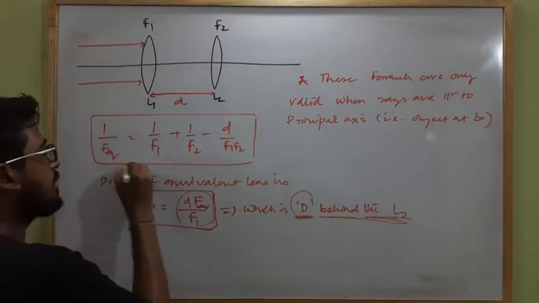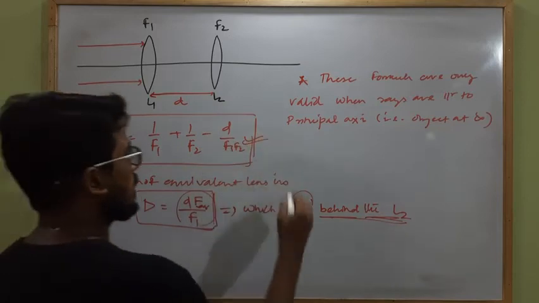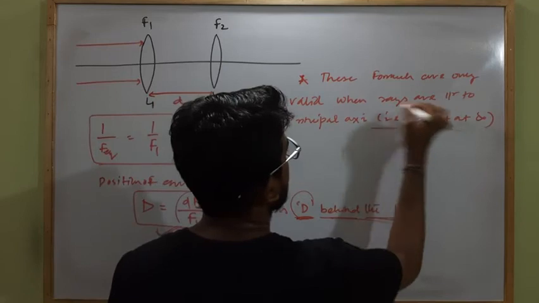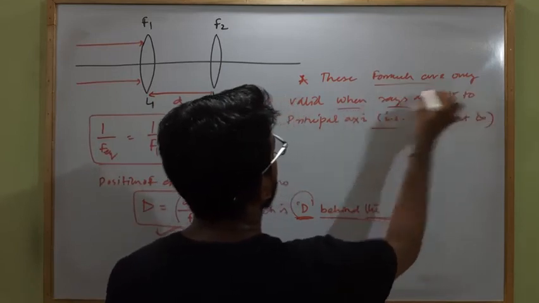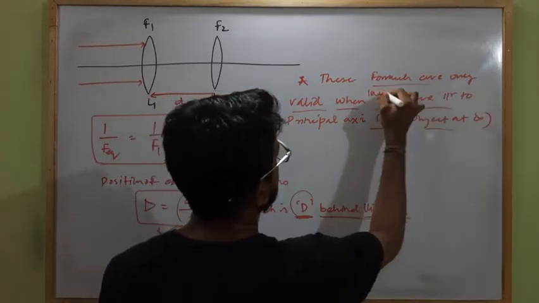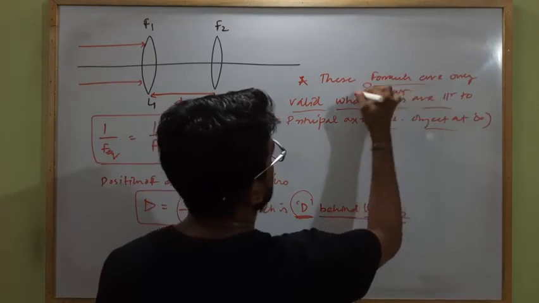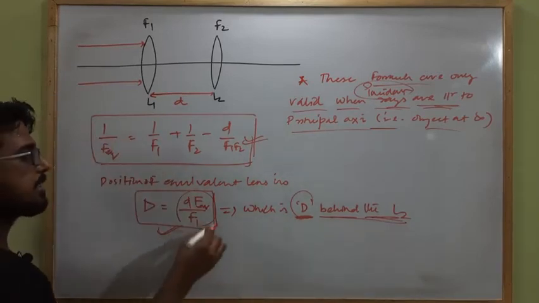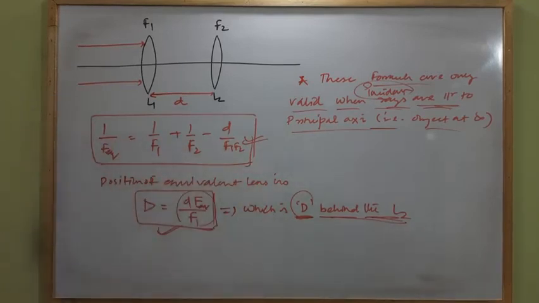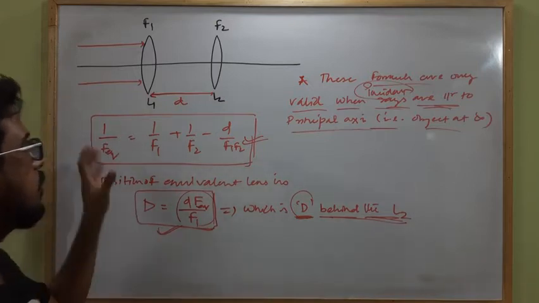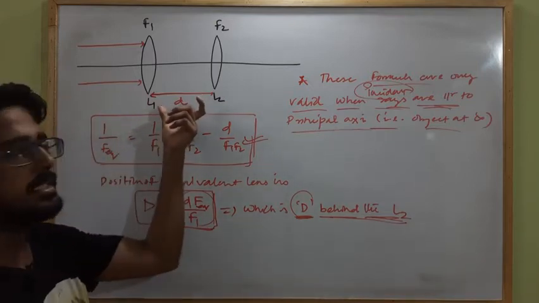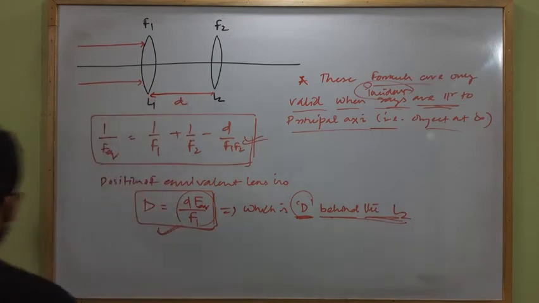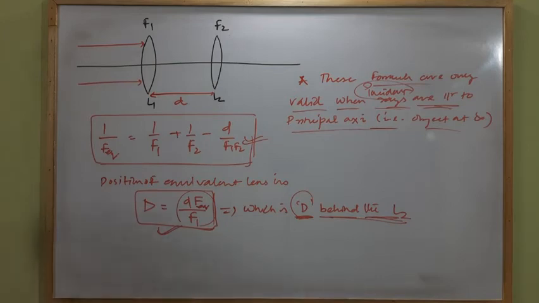We can apply these two formulas for the F equivalent and the position of the equivalent lens only when the object is at infinity, or the incident rays are parallel to the principal axis. If the object is at a certain finite distance, then we can't apply this formula. Clear? So this is how we can calculate the focal length for two distantly placed lenses. Clear? So next we are going to discuss power of lens.